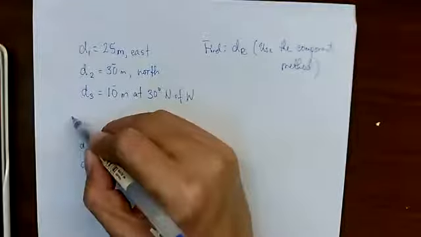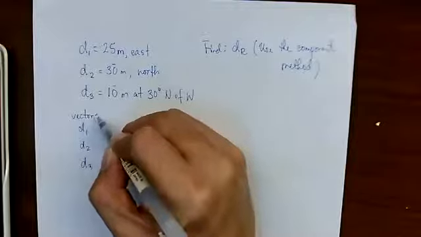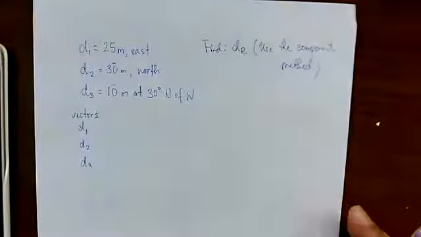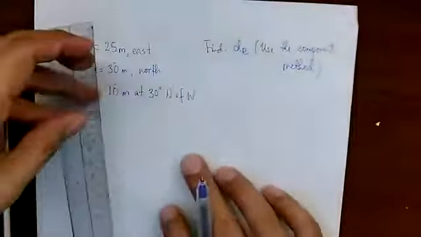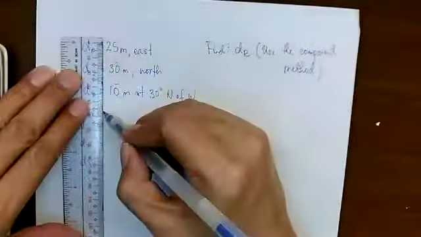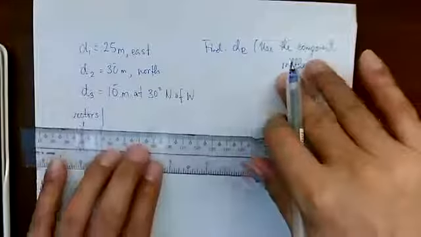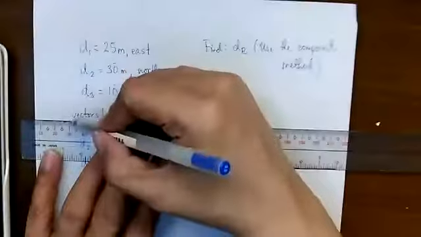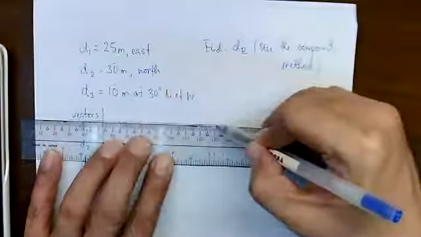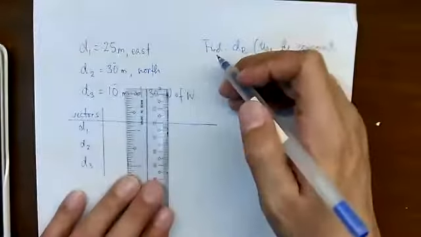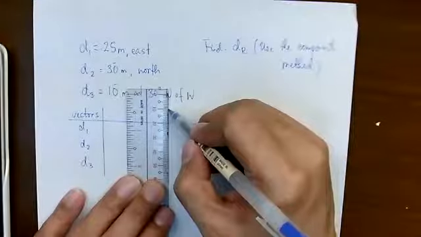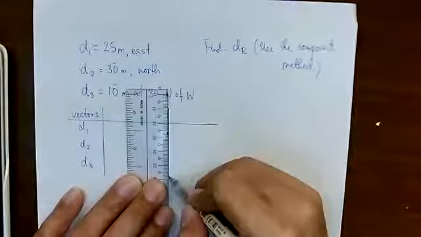We create the table. Let's use the ruler to guide us in making a table. The ruler here is just to help us create the table. You can also use Microsoft Excel if you want to find the answers.